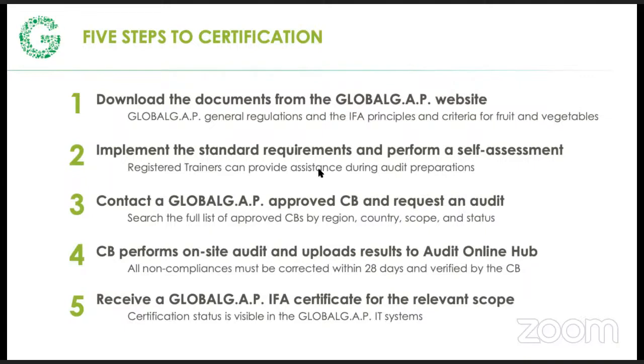The first one is going to the Global GAP website, which, time permitting, I'll demonstrate. A lot of this documentation is there on the website. So you get the general regulations and principles and criteria that apply to you. And for us, because we're avocado, we'd get the one that's for fruit and vegetables.